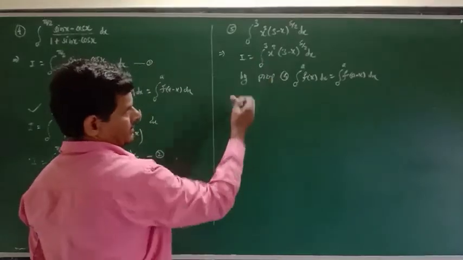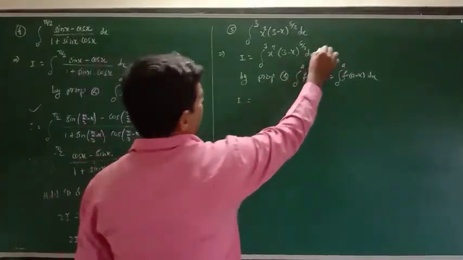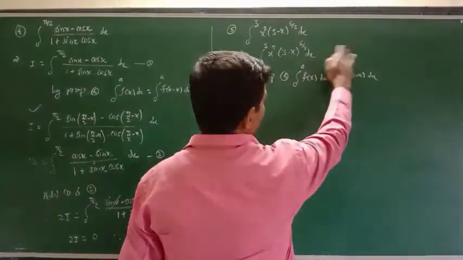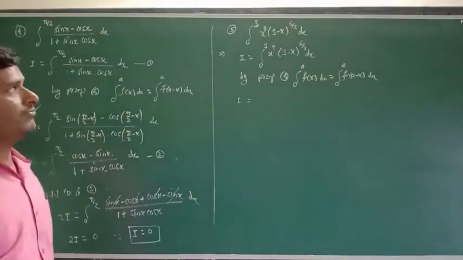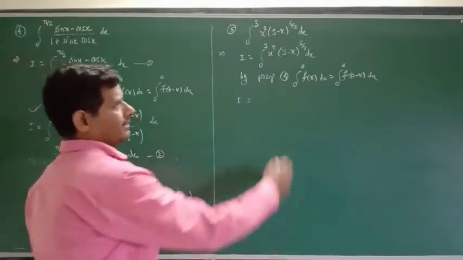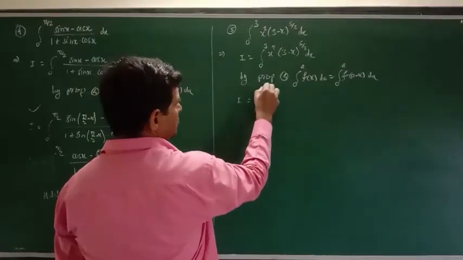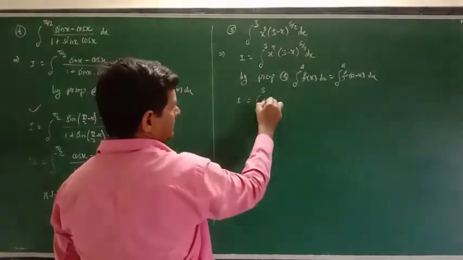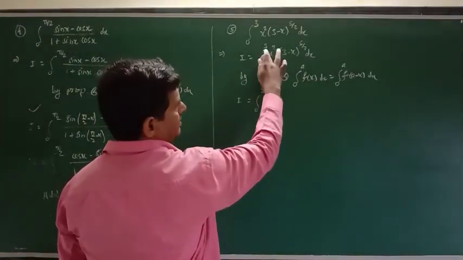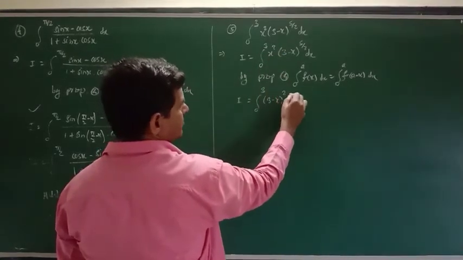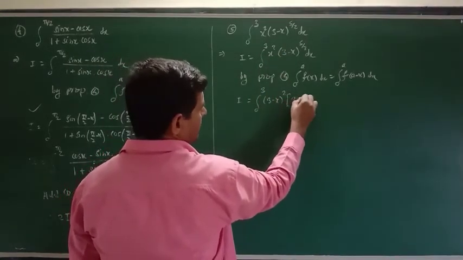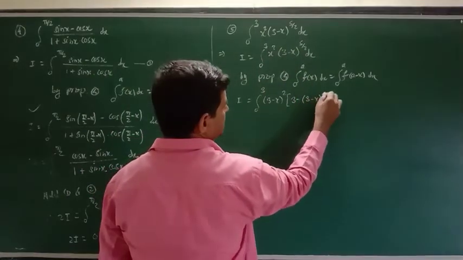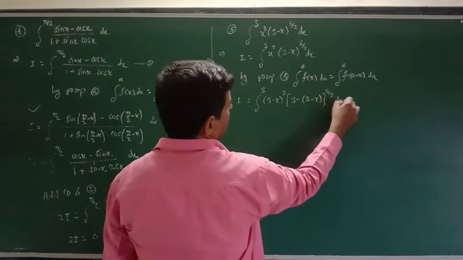what do we get? I is equal to, I write it as equation first, we need not add the integrals again if we use the property. The integral becomes very simple. 0 to 3, in place of x, what we have to write? 3 minus x. A minus x means (3 minus x) squared into 3 minus, we replace x by (3 minus x), raised to 5 by 2 dx.